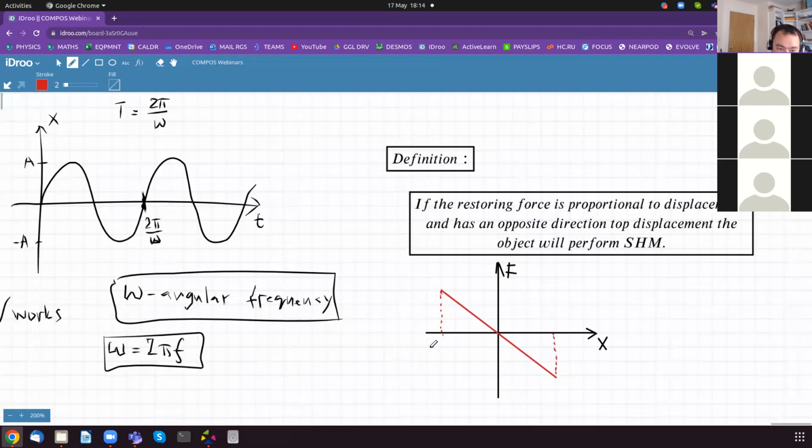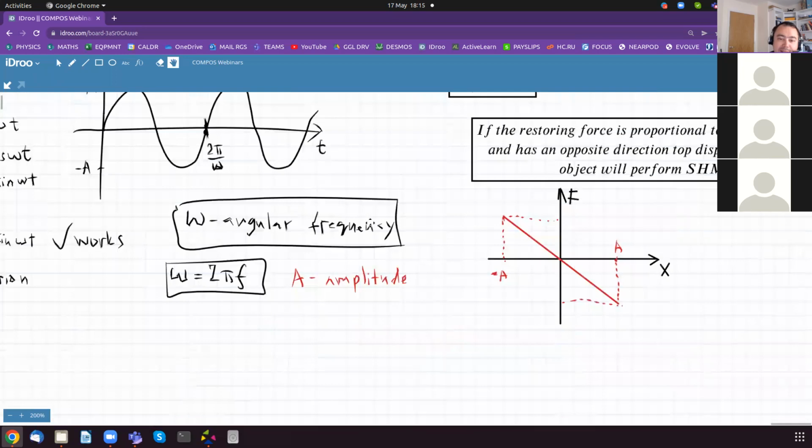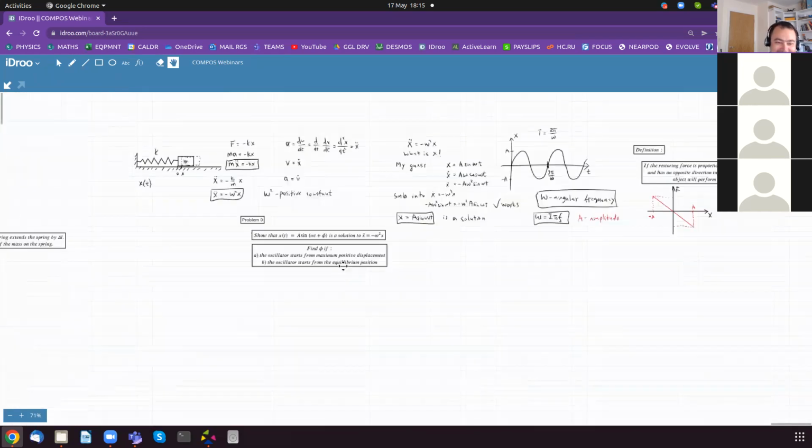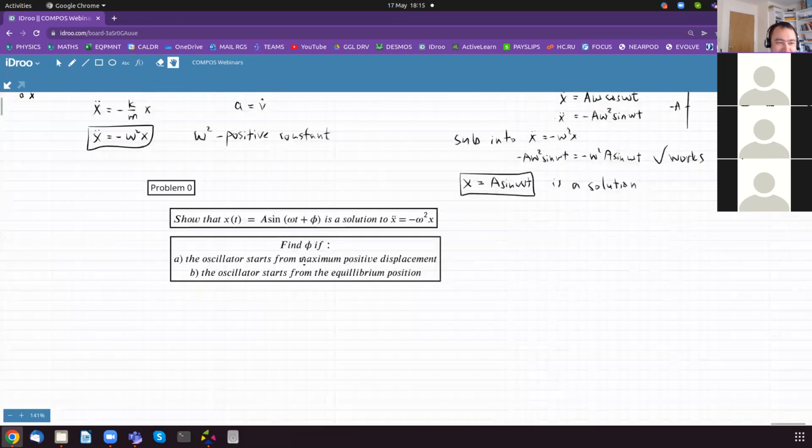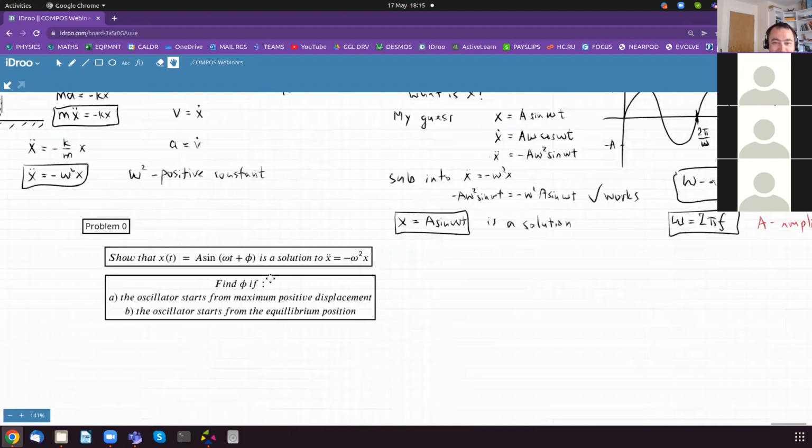We call it amplitude, minus A, the amplitude. And here is plus A. So yes, A is amplitude. This is the maximum restoring force. Well, it's minimum restoring force, depending on how you look at it. You could say it's also maximum, maximum by modulus.